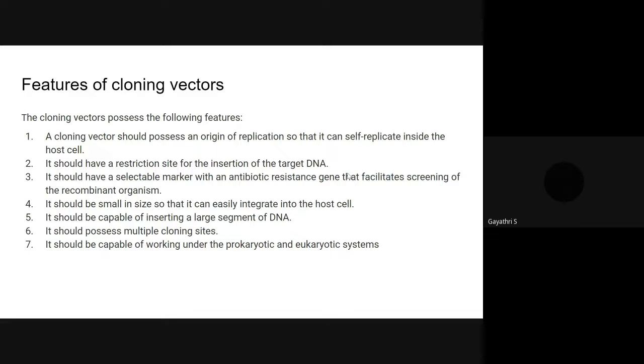The introduction of donor DNA fragments must not interfere with the replication property of the vector. It must possess restriction sites for restriction endonuclease enzymes, and it must be capable of working in both prokaryotic and eukaryotic systems. These are some of the features of cloning vectors.